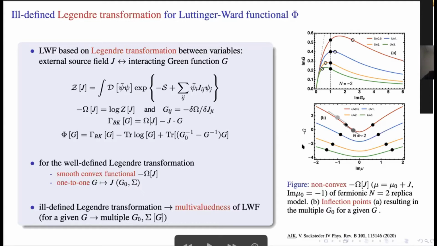In this case, the free energy functional has a non-convex form with the inflection points shown here. With this inflection point, the mapping from the interacting Green's function G to the non-interacting Green's function G0 is not one-to-one, and there are two different G0 values corresponding to the interacting Green's function G.